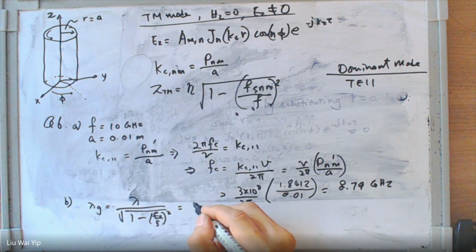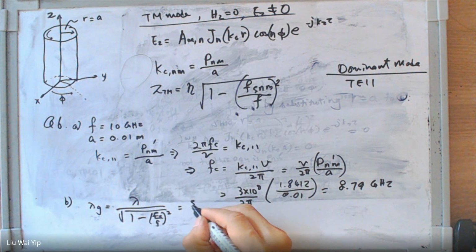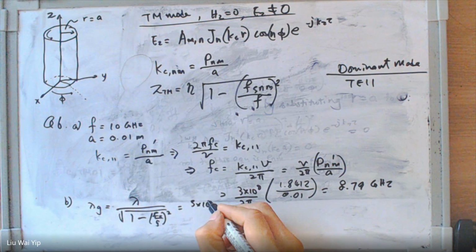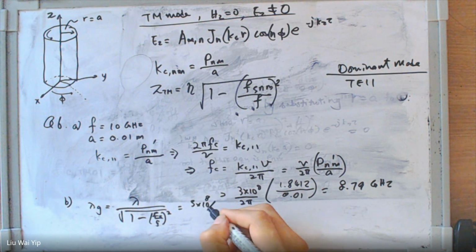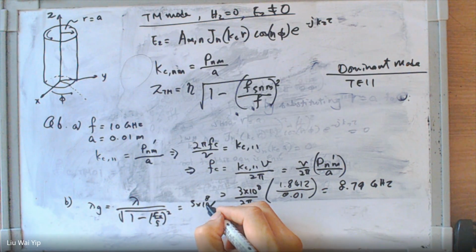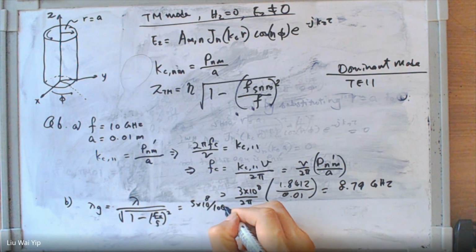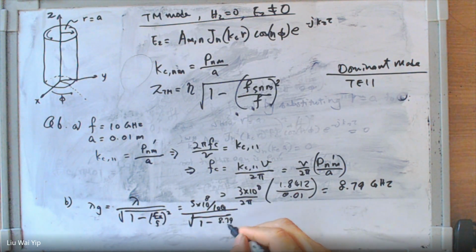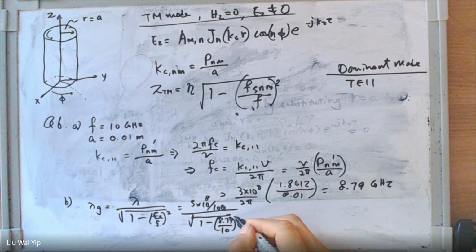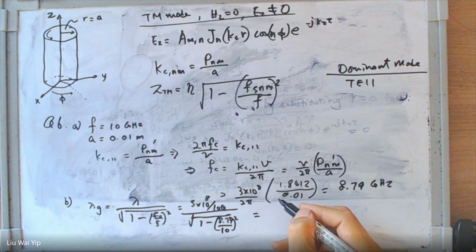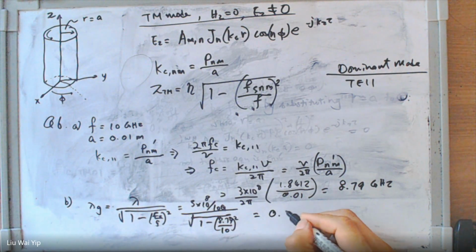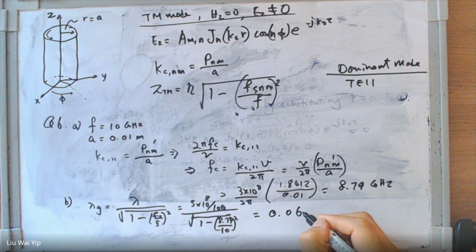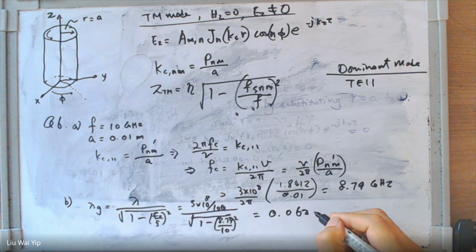So the wavelength here is lambda over the square root of 1 minus the cutoff frequency, 8.79, over the actual frequency, 10 gigahertz, squared. If you do it very carefully, you will get the guide wavelength to be 0.629 meter.